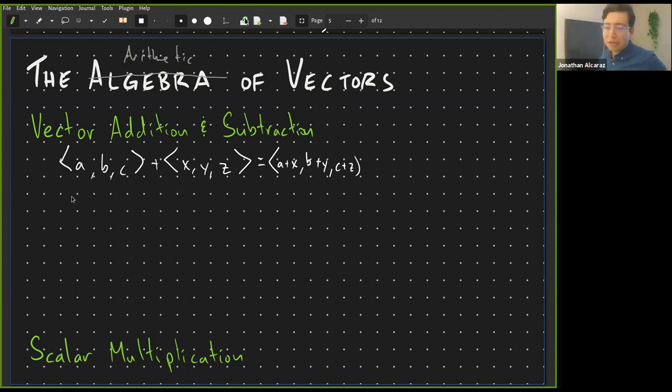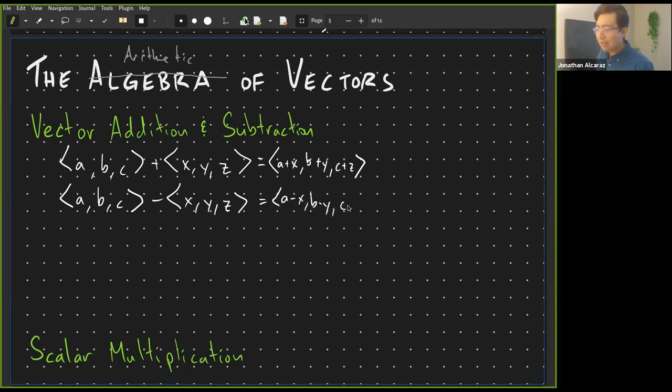Okay, and subtraction works the same way. So if you have a, b, c minus x, y, z, then this is just a minus x, b minus y, and c minus z.